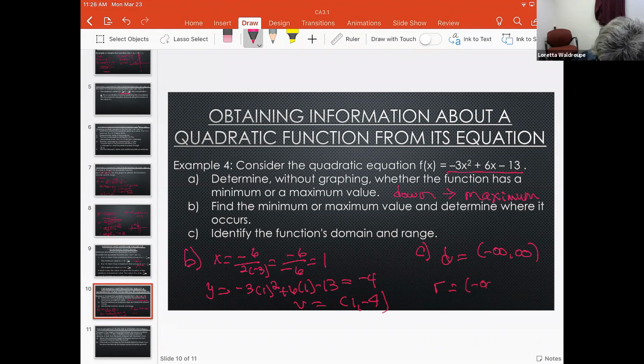So a minimum is negative infinity. A maximum is the y value of the vertex. If you have a minimum, then your range is going to be your minimum value to positive infinity. Questions?